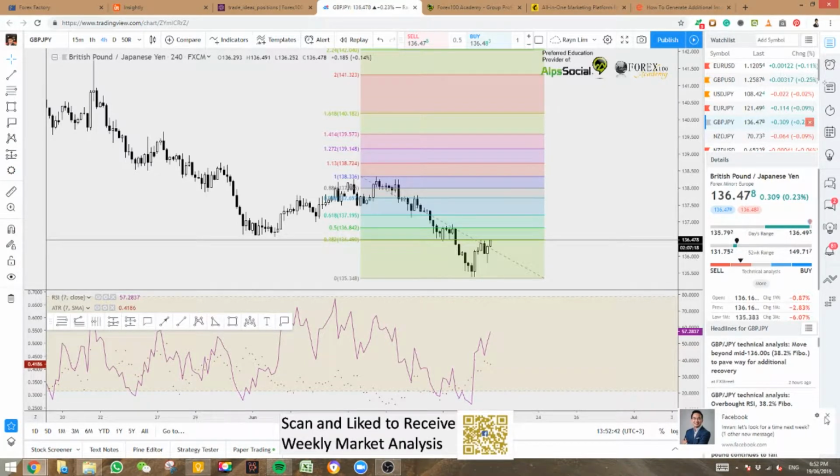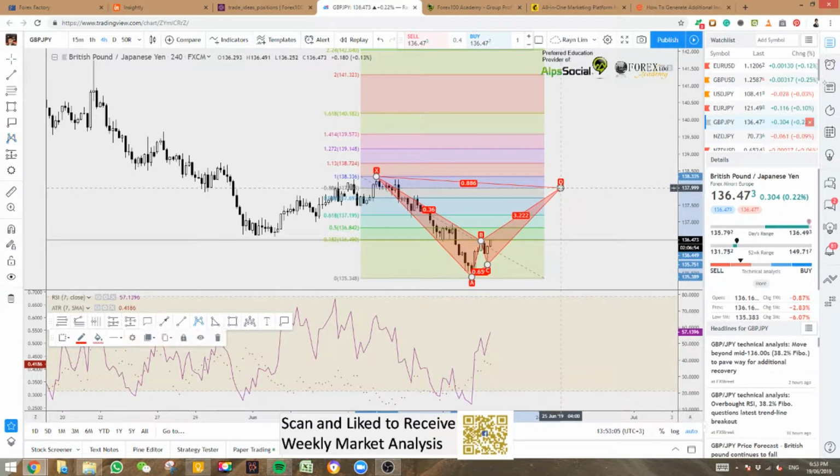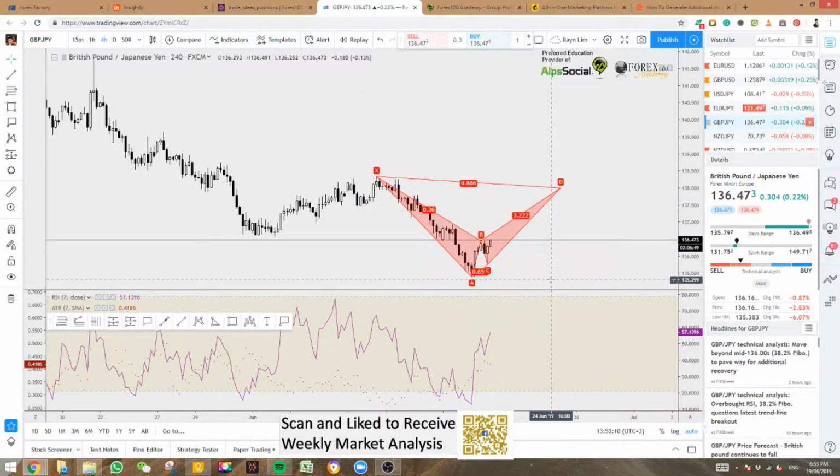We can see that the market has a bearish move, came up. It may form a bad pattern, X to A, and like what I've shared with you, this is just a draft here. A to B, B to C, CD completion somewhere over here at 138. Wow, perfect price. Well done. All right, this is the 4-hour chart setup.